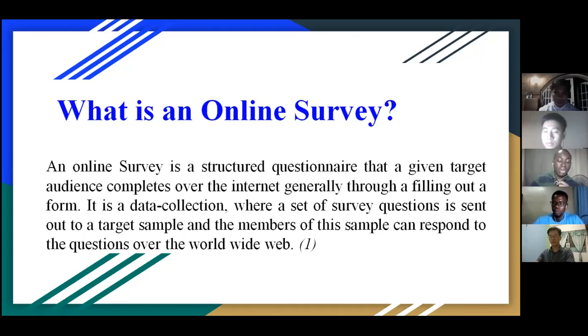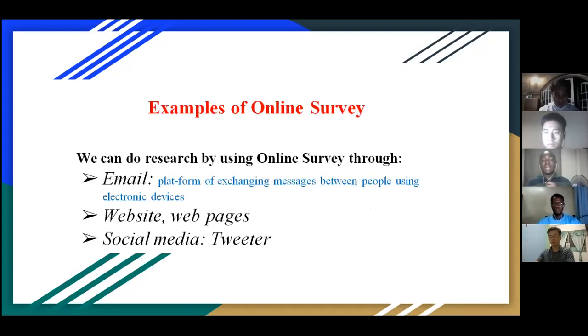So now let us see some examples of tools where online survey can be used. As example, we have email. We can do research by using online survey through email, which is a platform of exchanging messages between people using electronic devices.